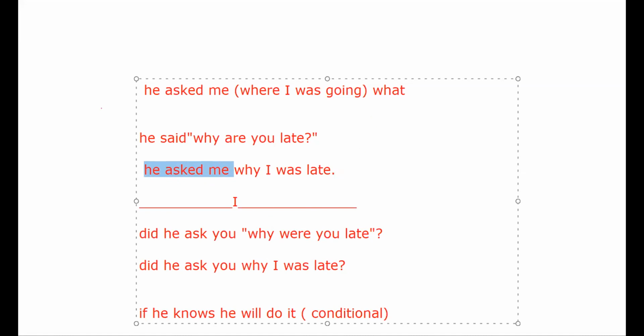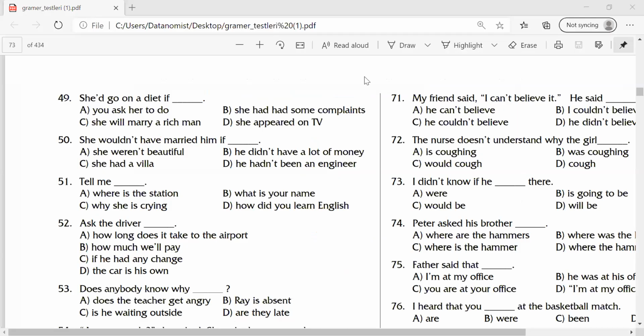So I want to give practice on "what". Check it out. Yes, I understand it's indirect speech. How do I know?